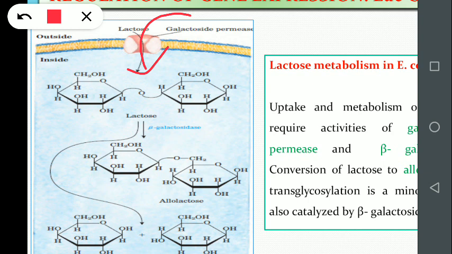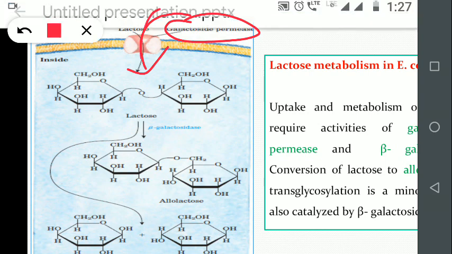Otherwise the cell won't take up the lactose, because lactose is a big, large molecule, and that is also a polar molecule, and that kind of molecules are not directly passed through the cell membrane. Okay, it requires some assistance like permeases. So we have galactoside permease here that allows the entry of lactose into the cell.